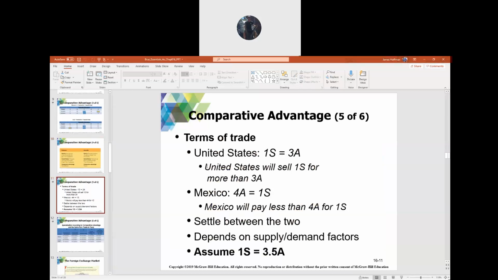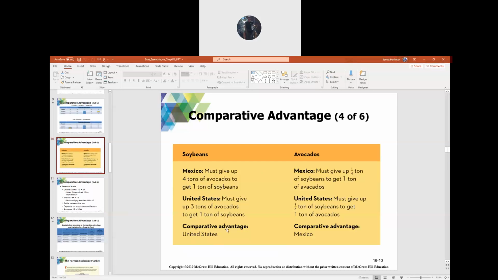So there's a range. If the U.S. makes only soybeans and Mexico makes only avocados, there's a range in which they could trade, like 2 to 1 or 3 to 1 or 1/2 to 1, whatever, that they both can be better off. As long as they trade within that exchange ratio range, they're both going to gain.